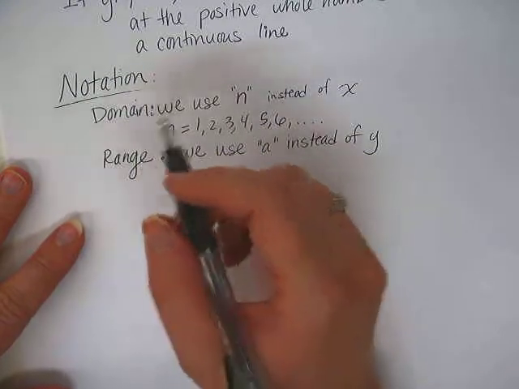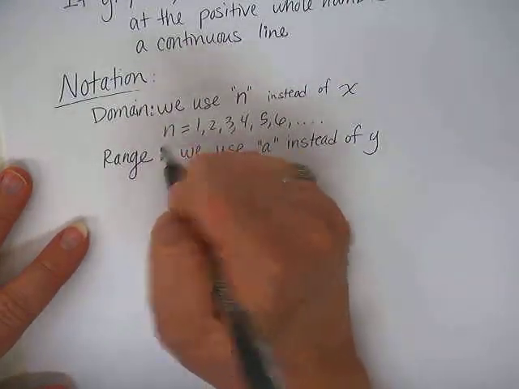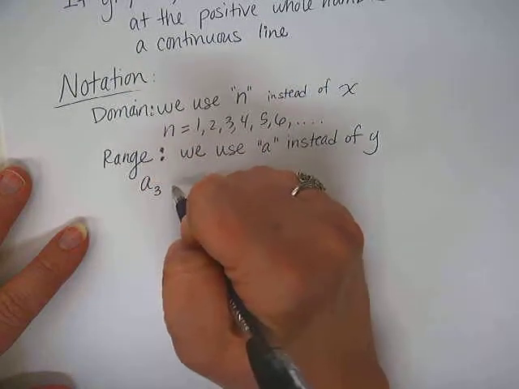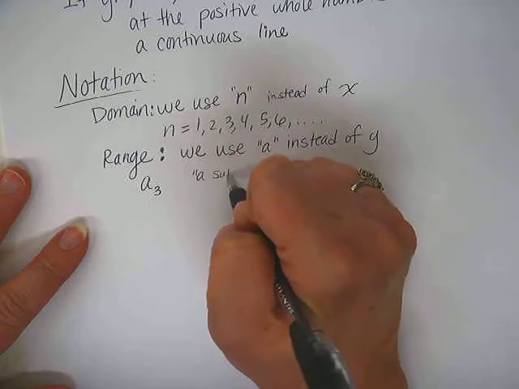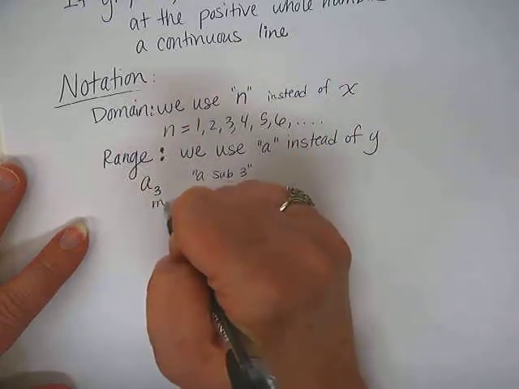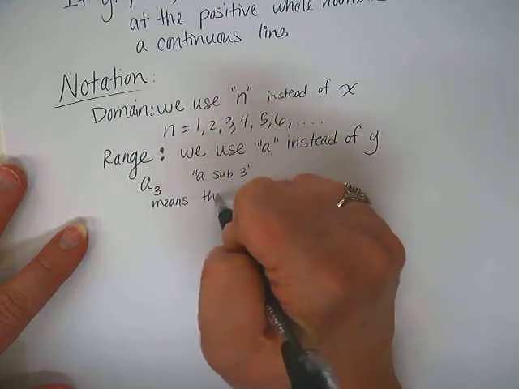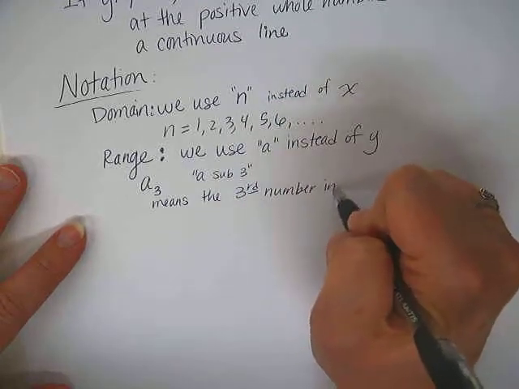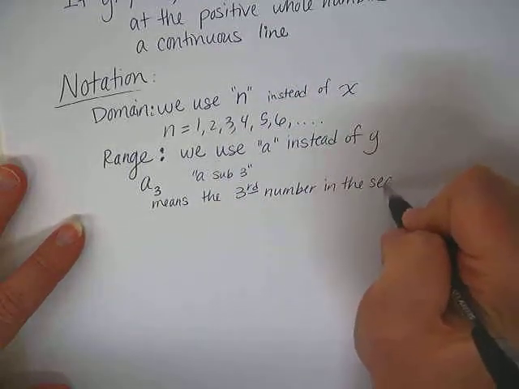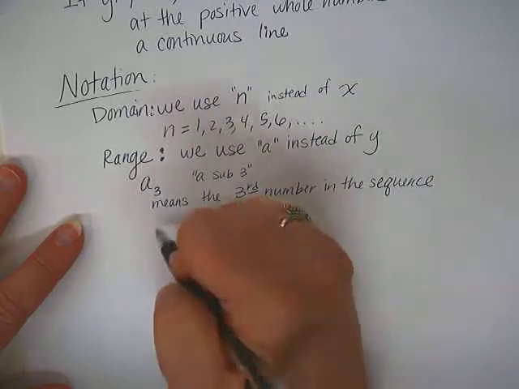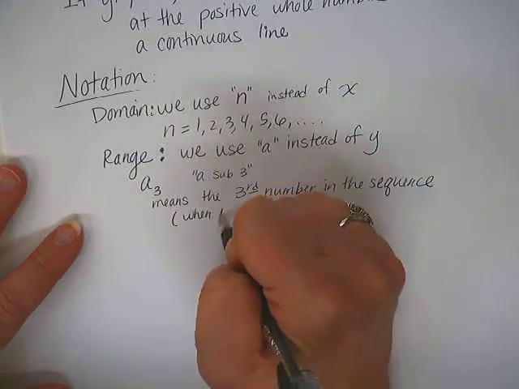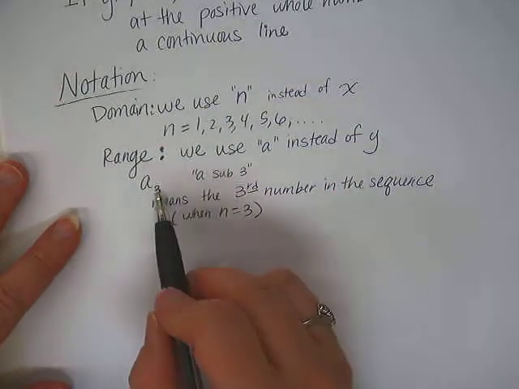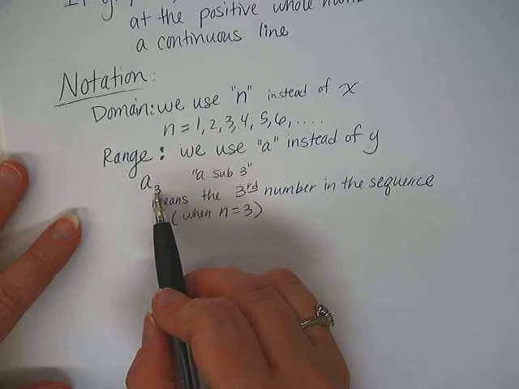Okay, so what's going to happen here is, if I tell you that I'm talking about a sub 3, we would say this, a sub 3, means the third number in the sequence, or the number you get when n equals 3, because it's the third number and you always start at 1.